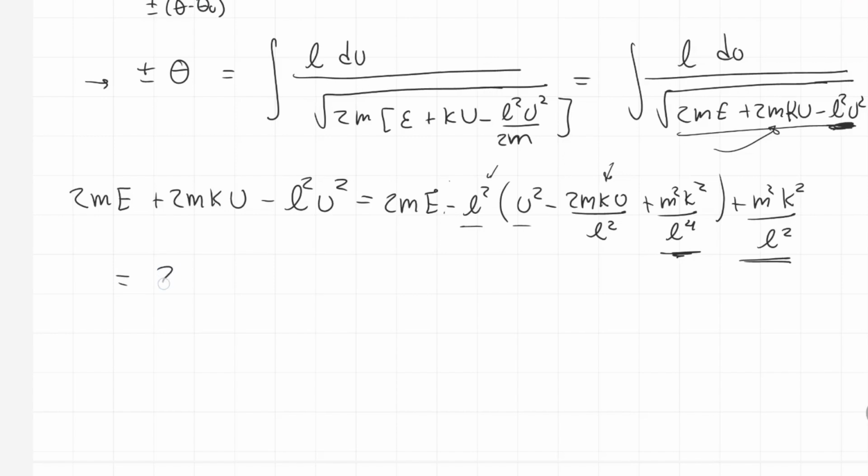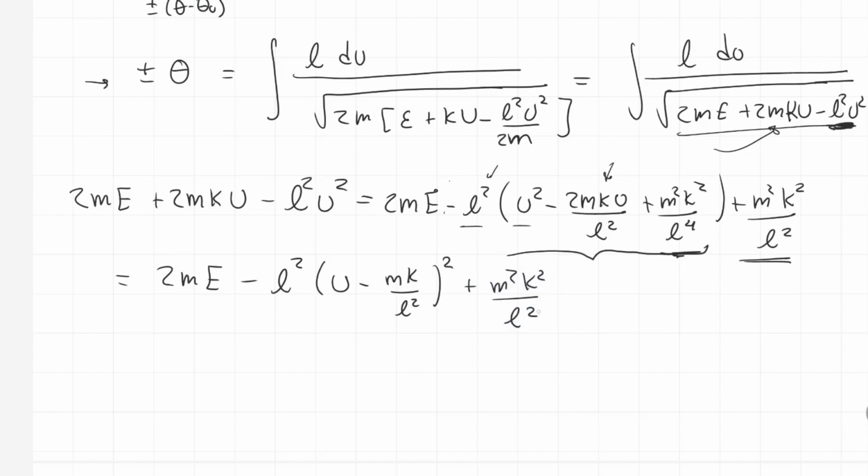It's easy to notice that this whole expression can be written as u minus mk over L squared, squared, plus m squared k squared over L squared.